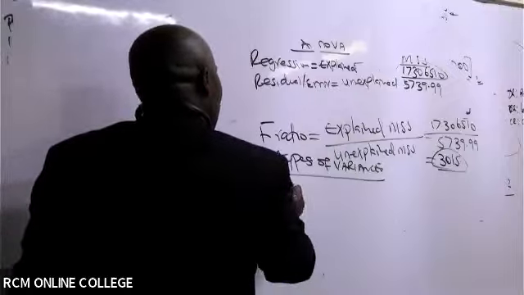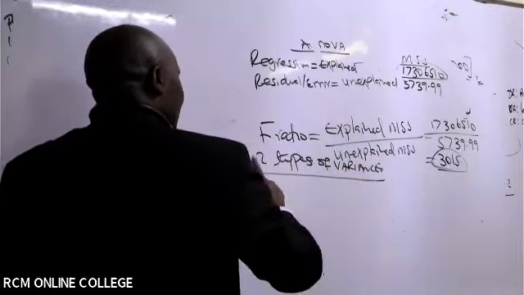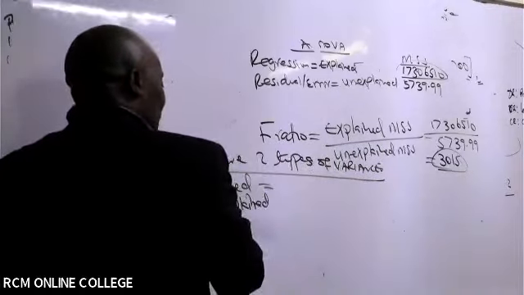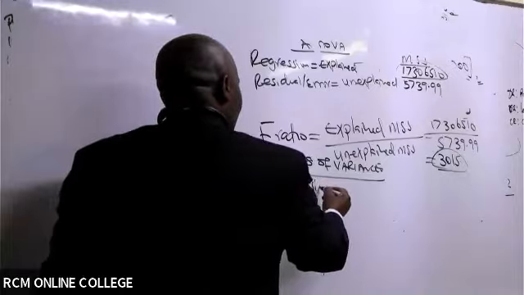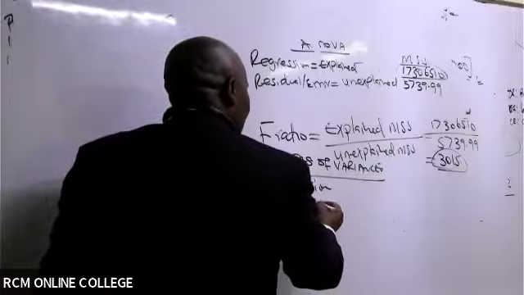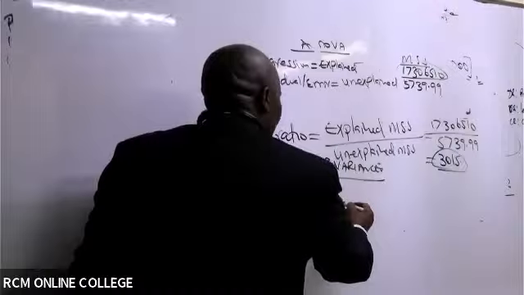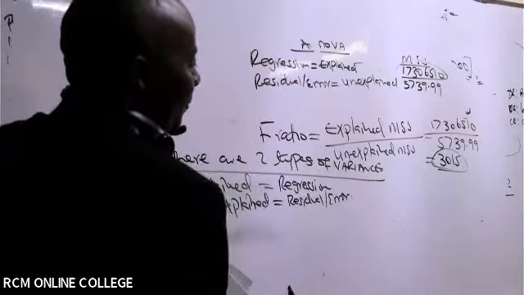The explained ones are the ones regression is able to give us their values. That is why the explained ones, we call them regression. And then we have unexplained, also known as residual. They are errors.